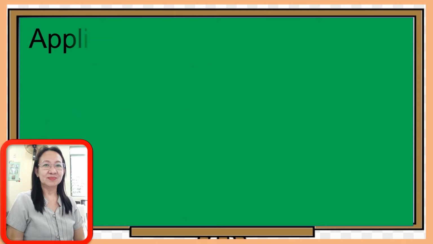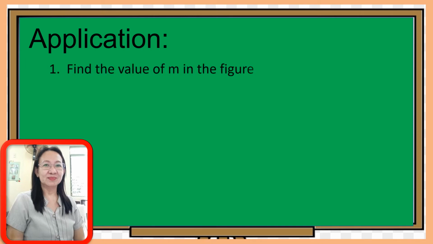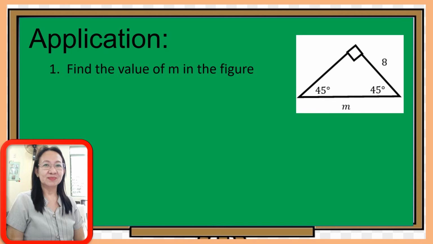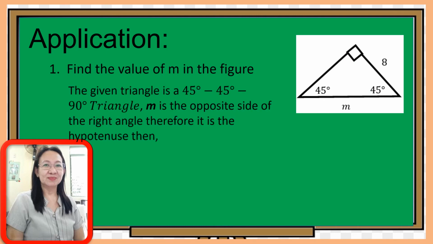Now let us have its application. Find the value of m in the figure. Observe that in the figure, it is a 45, 45, 90 triangle. M is the opposite side of the right angle, therefore it is called the hypotenuse. Therefore, we're going to use the idea that hypotenuse is equal to the square root of 2 times the leg.